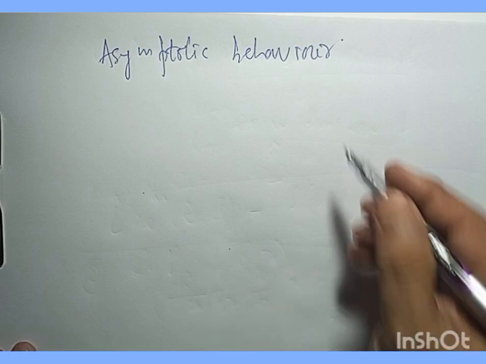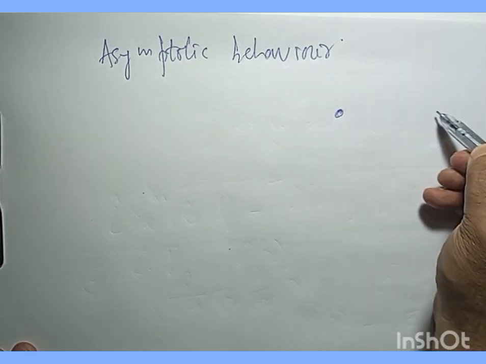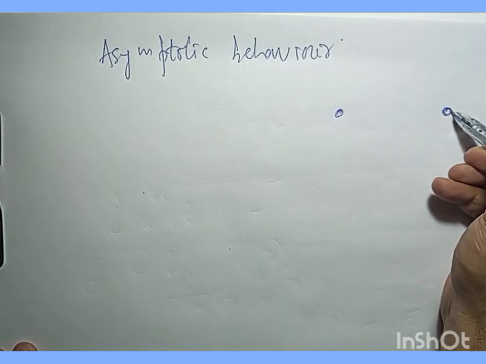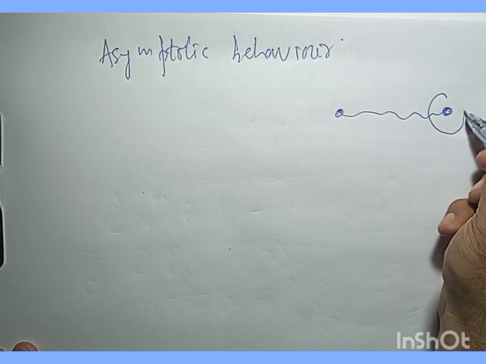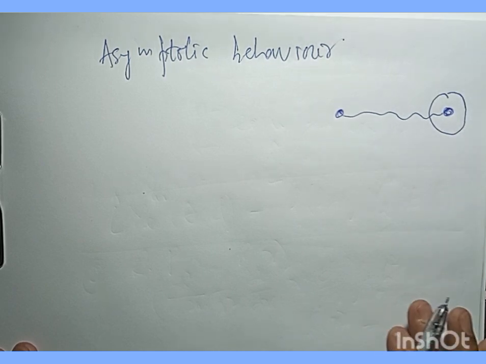So we have the plane wave, and this plane wave is modified when it interacts with the field of the target. Now, if we assume that our situation is asymptotic, what does asymptotic mean?